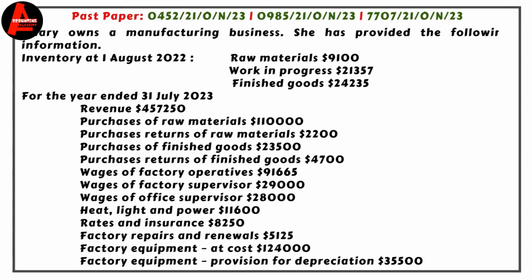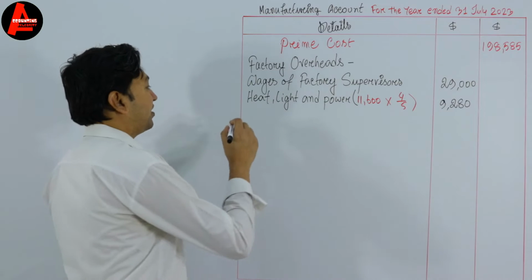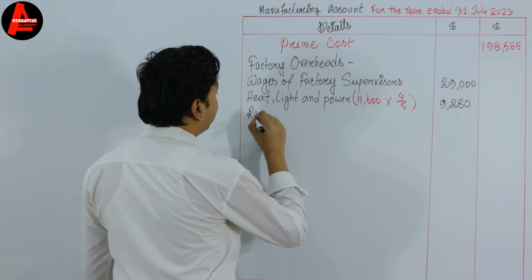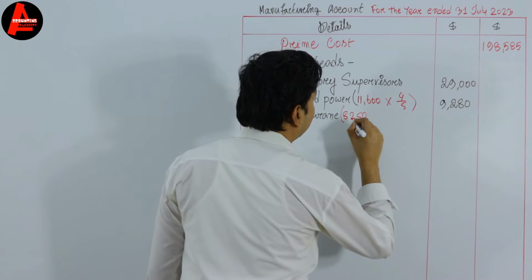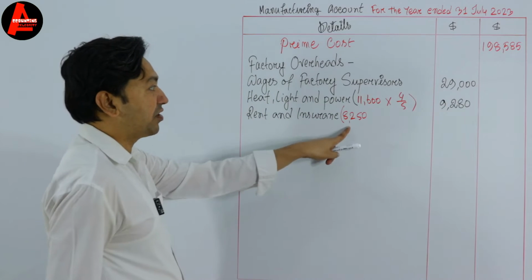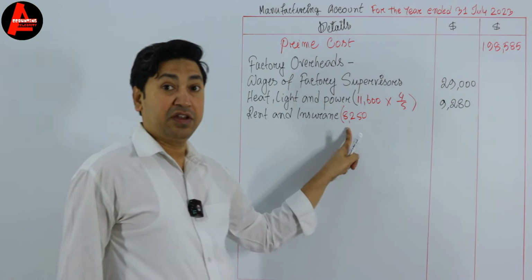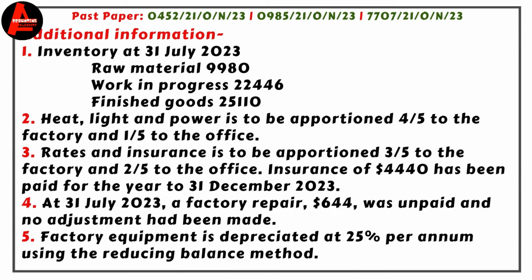So what is our next amount here? We see rates and insurance. It is $8,250. It is another factory overhead. So let us write here rates and insurance, $8,250. Again we wrote it here because we have an adjustment. Number 3 says rates and insurance is to be apportioned 3/5 to the factory and 2/5 to the office.